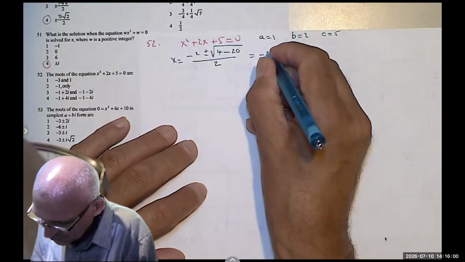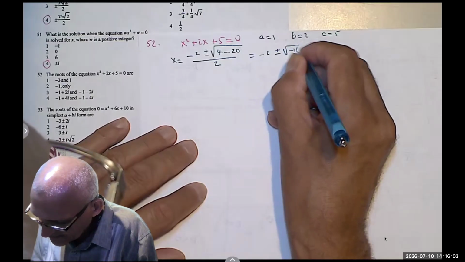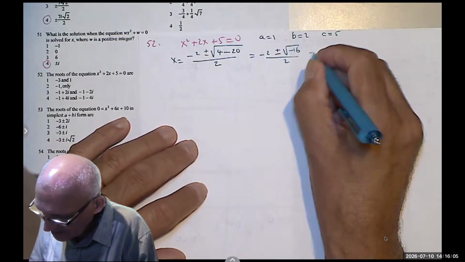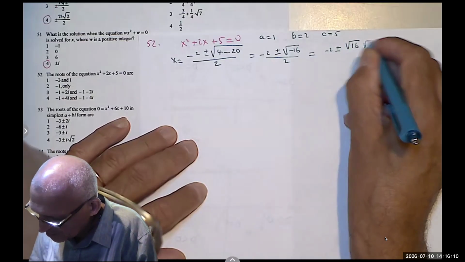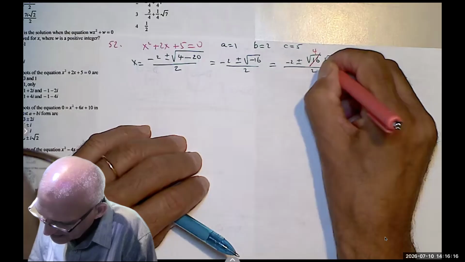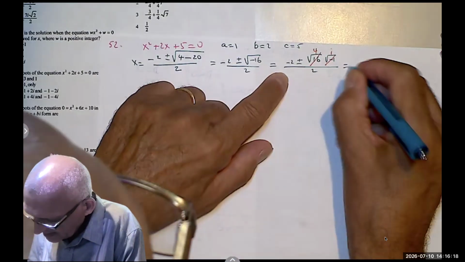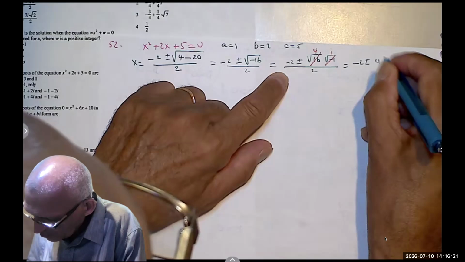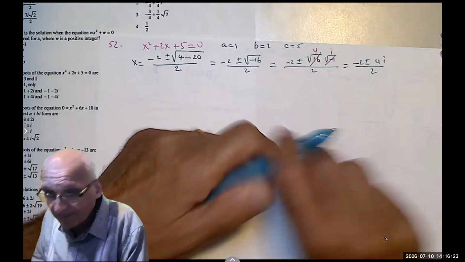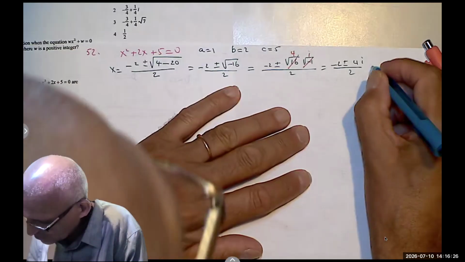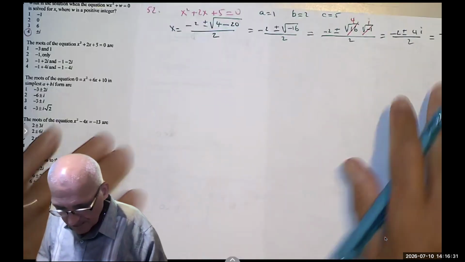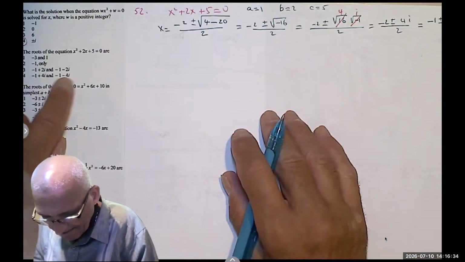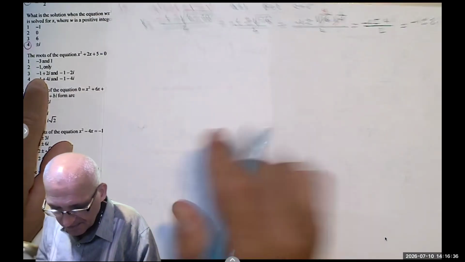So you get -2 plus or minus the square root of -16 over 2. Remember what we said, square root of 16 times square root of -1 over 2. This is 4, this is i, so I get -2 plus or minus 4i over 2. Both top and bottom can be simplified by 2, and you get -1 plus or minus 2i. It's number 3 this time, right?